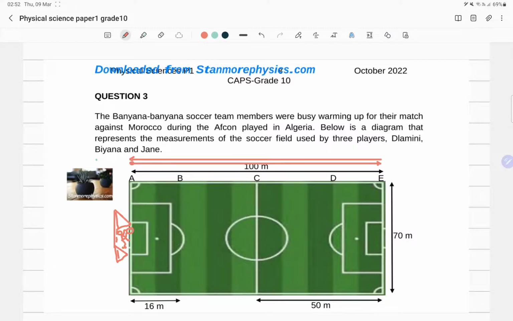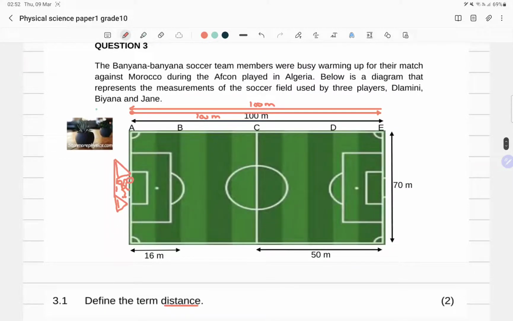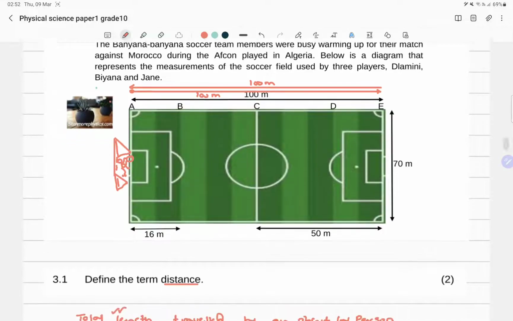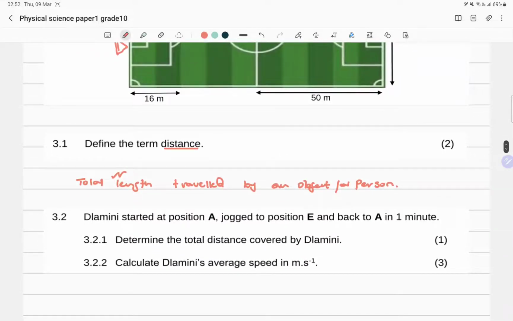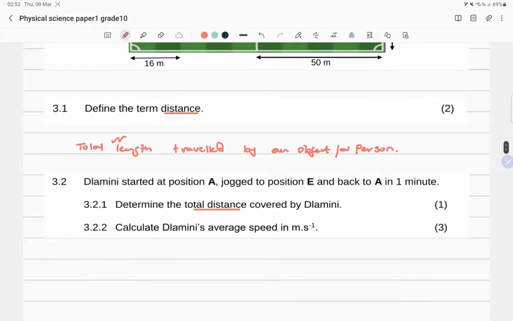So if Dlamini does that, it means she moved 100 meters that way and 100 meters back. Remember, we said distance is just the total length, so it's basically going to be 200 meters that she moved. It says determine the total distance covered. Distance doesn't have direction, it's a scalar quantity. So 3.2.1.